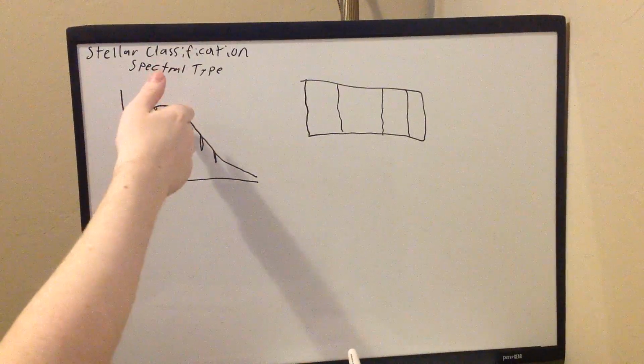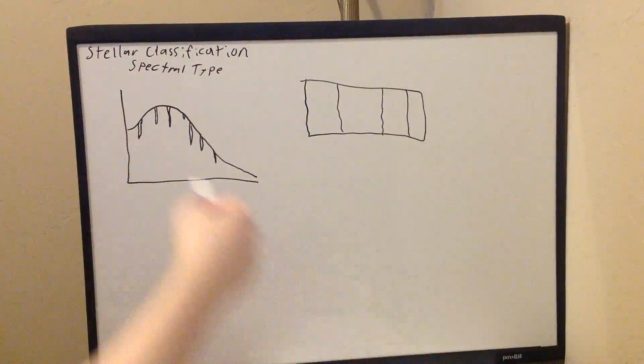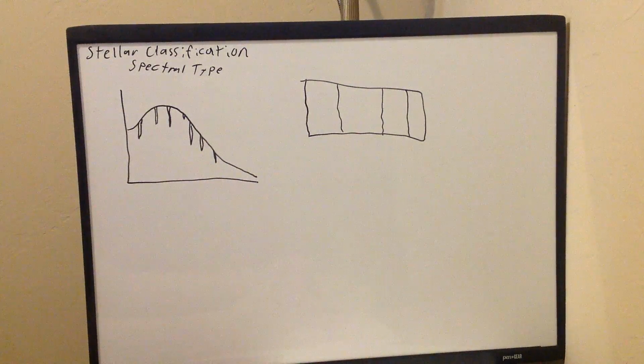Each one of these dips corresponds to an electron orbital jump that's possible for the atoms in the star's atmosphere. And so you can use this to learn something about the composition of the star. So this is nice.